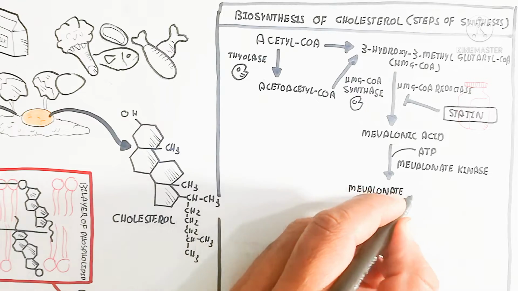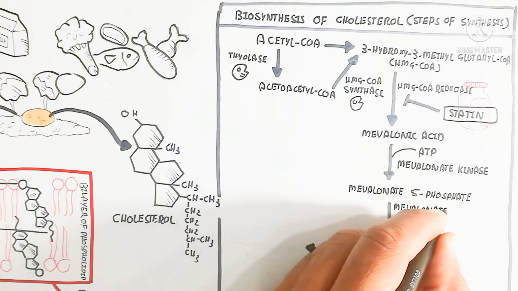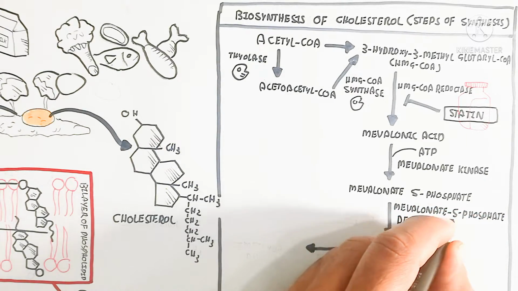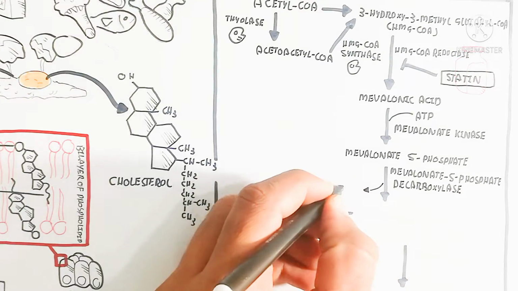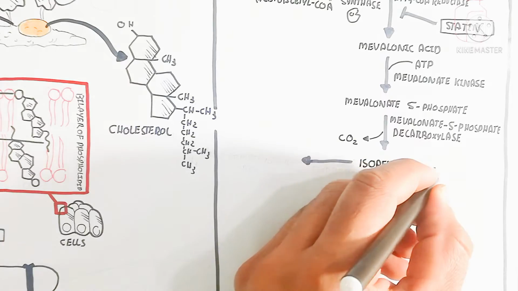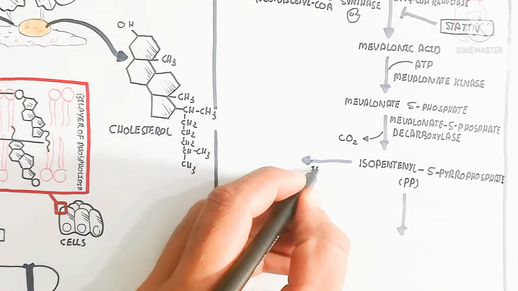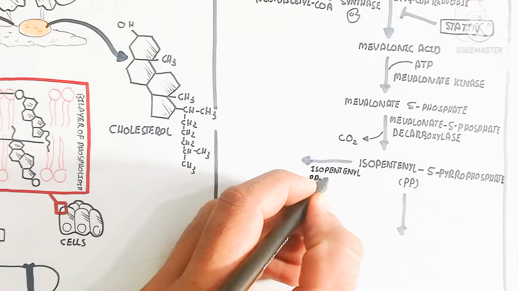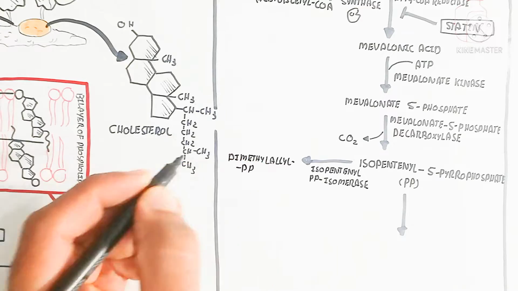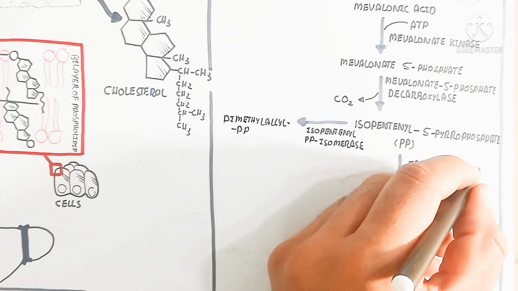Mevalonic acid is produced, and ATP is used by the mevalonate kinase enzyme to produce mevalonate 5-phosphate. This mevalonate 5-phosphate is converted in the presence of mevalonate 5-phosphate decarboxylase enzyme, so carbon dioxide is released and isopentenyl pyrophosphate is produced.